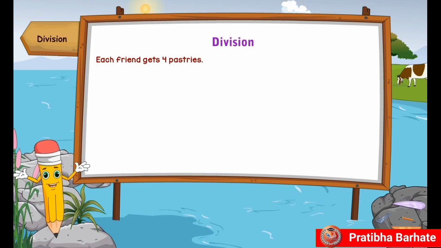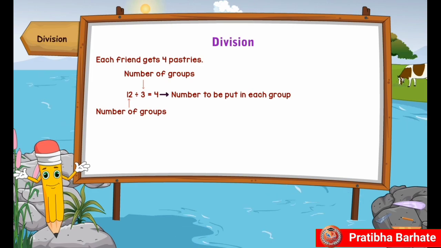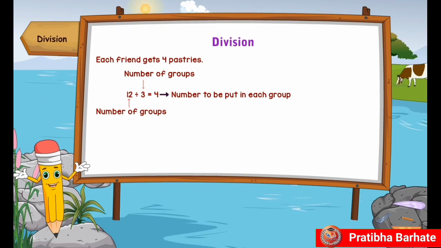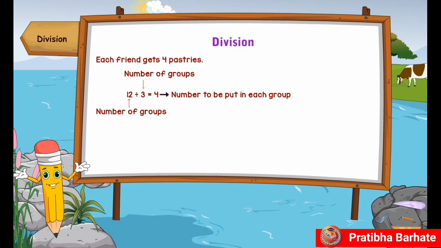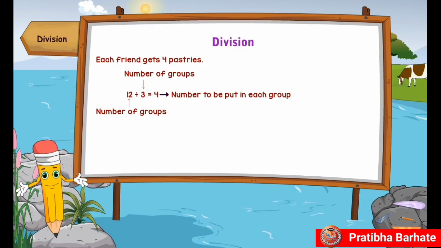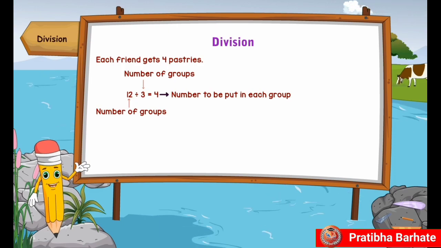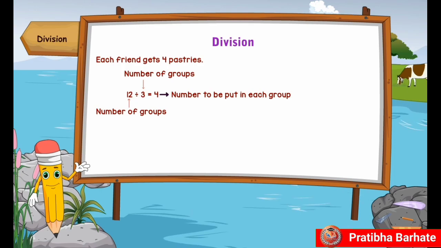This can be shown as 12 divided by 3 equal to 4. Here, 12 is the total number of items to be distributed or shared. 3 is the number of groups with whom the sharing is to be done.